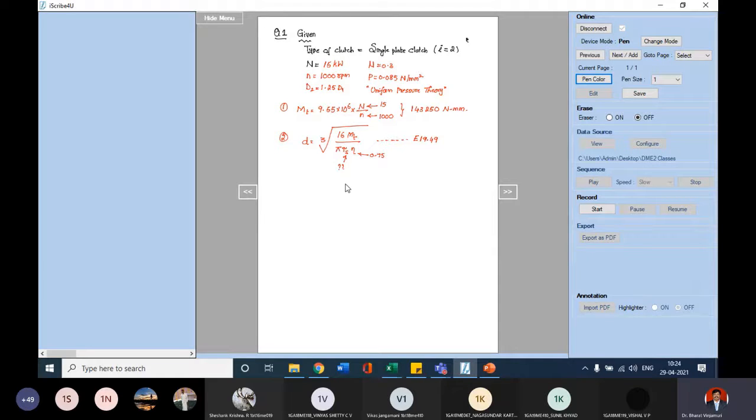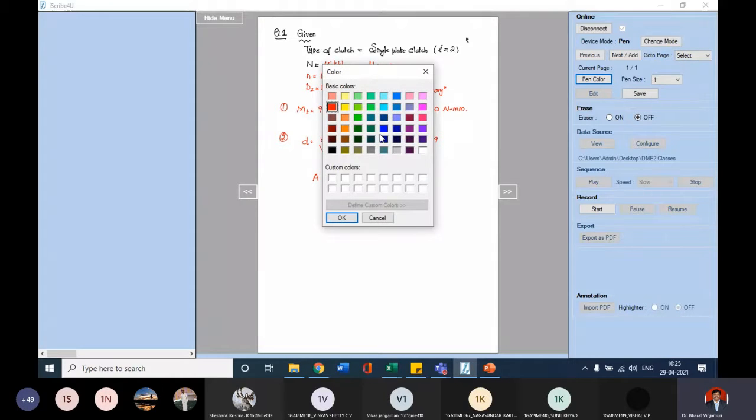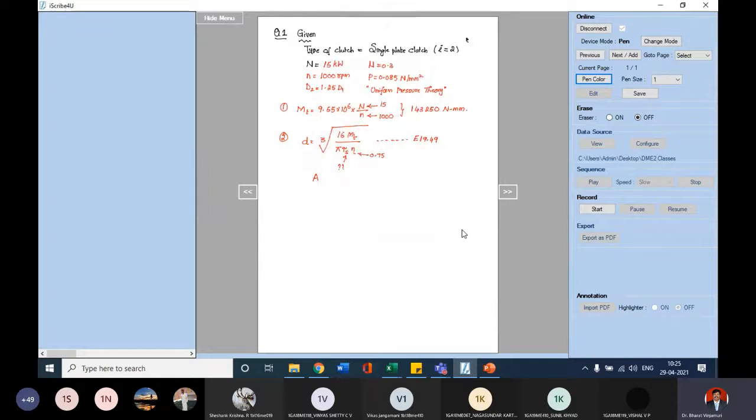So what I'm trying to write at this point of time, I expect you to write in every problem. I will not do it in every problem. So we write: assume C40 as shaft material with sigma y is equal to 328.6 megapascals and FOS is equal to 3.